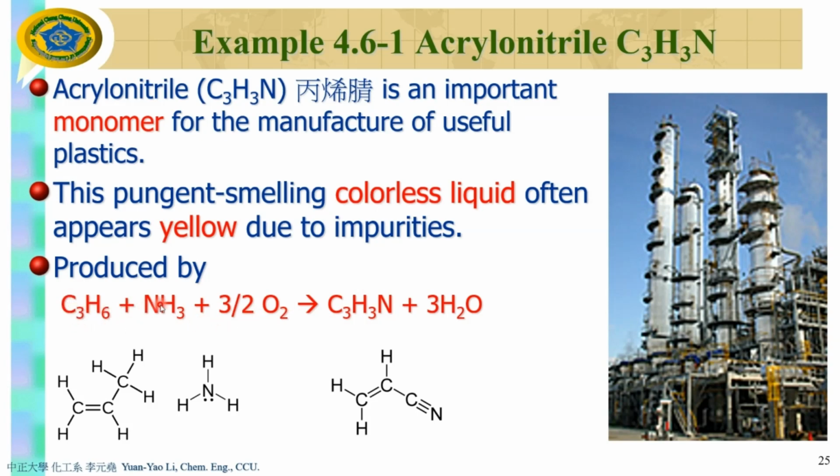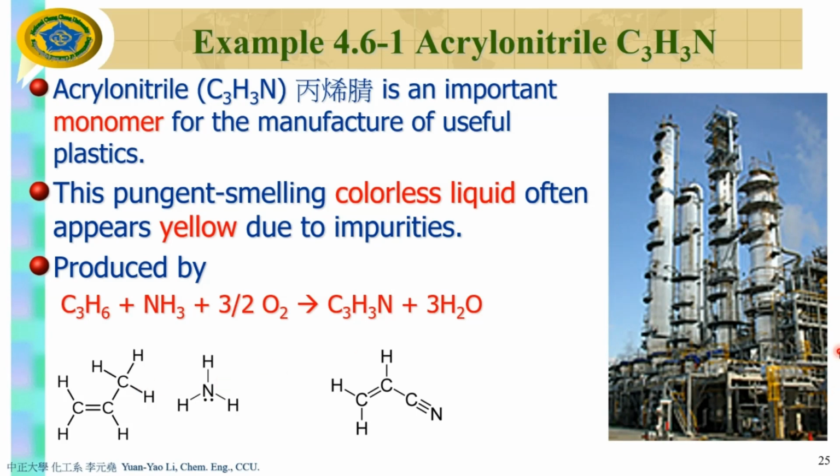C3H6 plus ammonia plus oxygen become acrylonitrile plus water. In this chemical reaction, the C3H6 will lose hydrogen, and the ammonia will lose hydrogen, and this puts the carbon and nitrogen bond together.